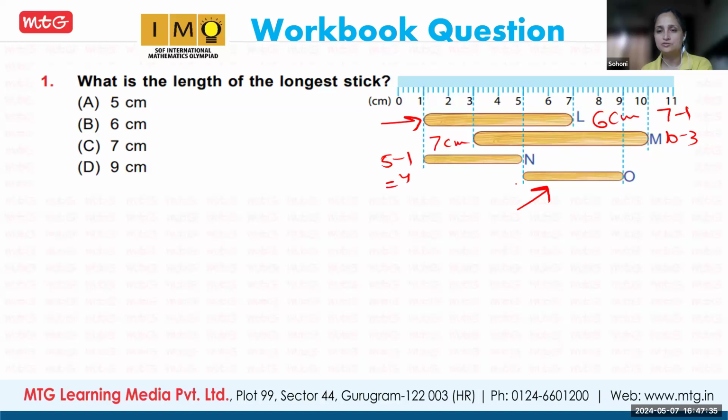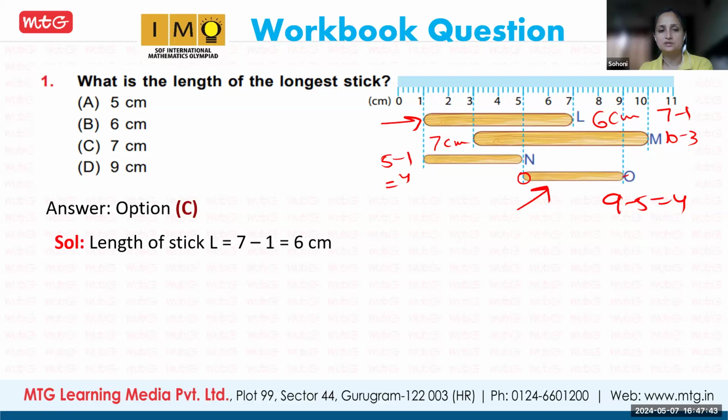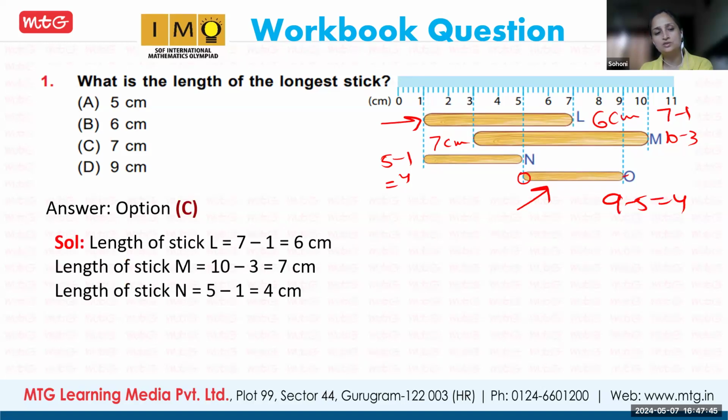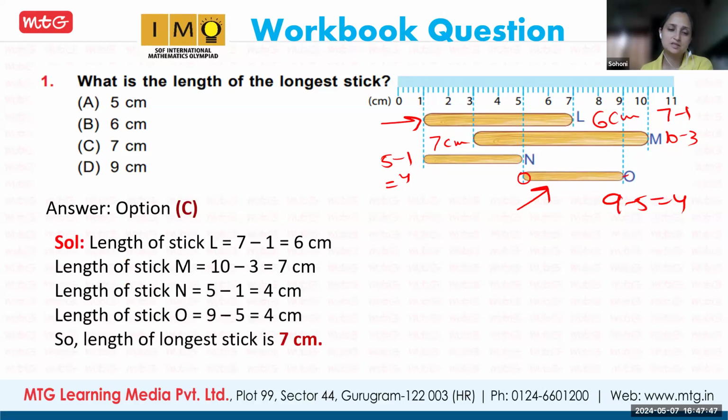Because it's starting from 5 and ending at 9. So 9 minus 5 is 4 centimeters. So the longest one is M, which is 7 centimeters long.